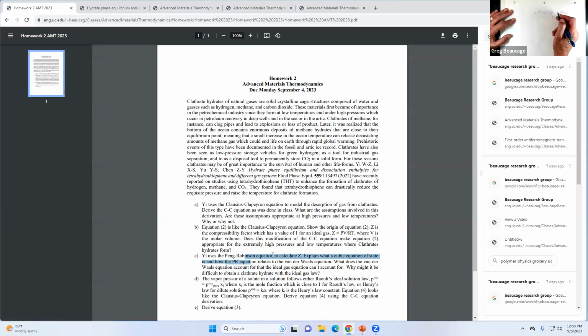People said PBT, so you have 3 things, that's why it's cubic, but that's not it. The question is, that's a cubic equation, what's a cubic equation of state?